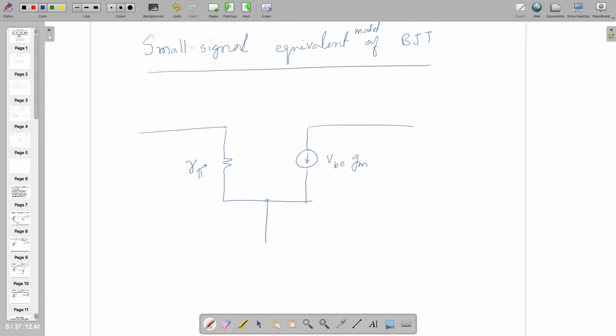Remember this. If you are in analog circuit design, you have to remember this forever. You cannot forget that, right? So this is base, emitter, and collector.